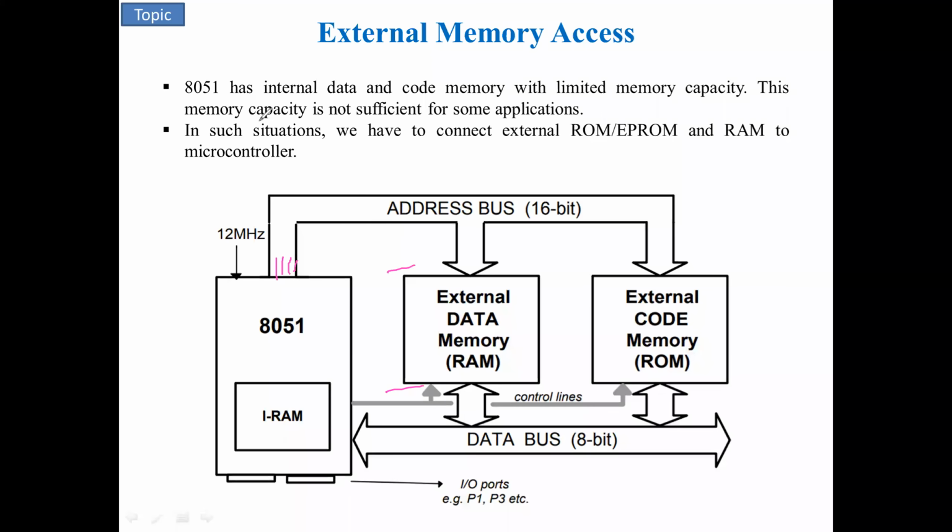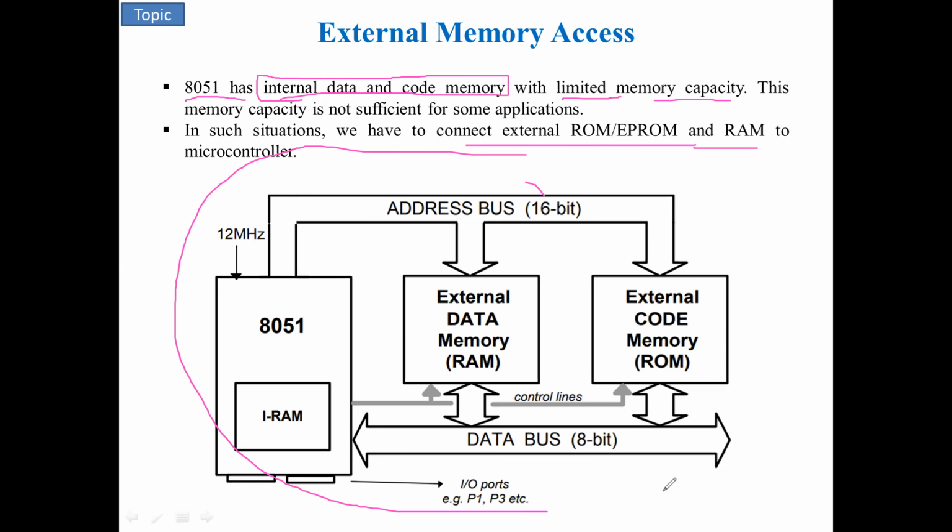That's why I have mentioned the common points here. 8051 has internal data and program memory, or code memory, which has limited memory capacity. That's why we go for interfacing external RAM and ROM. This is a simple diagram.